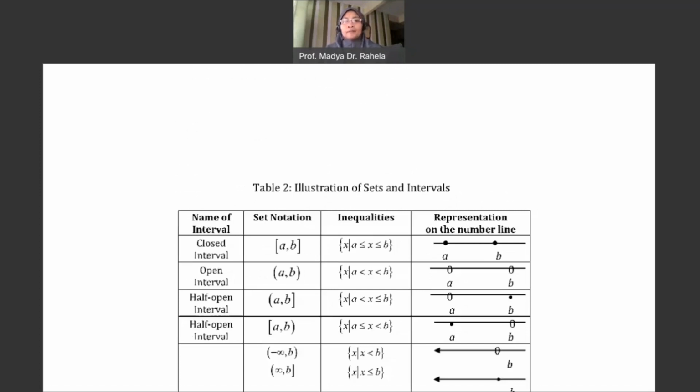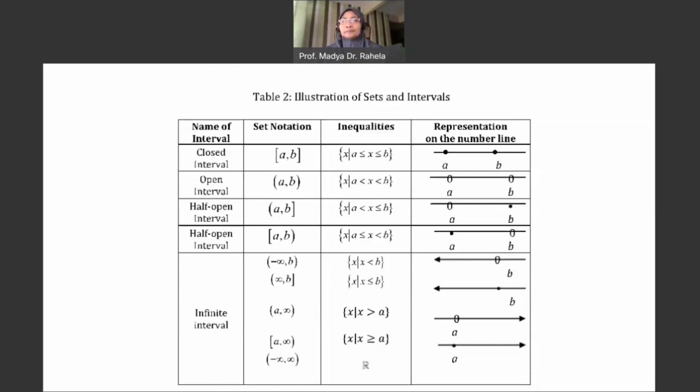Next is how do we represent the numbers in the form of set notation, inequality notation, and also on the number line. In the set notation, this is the symbol of a set.